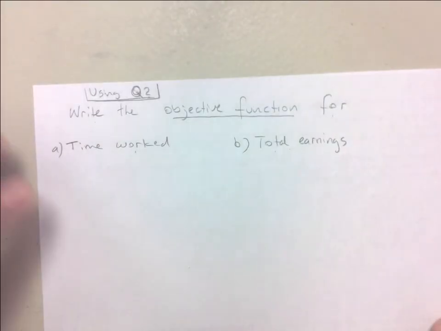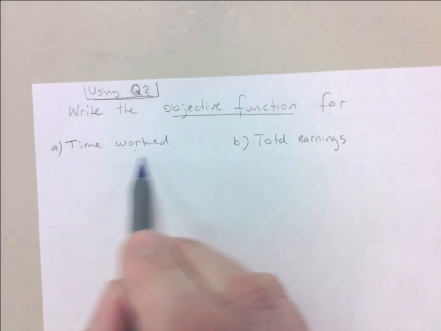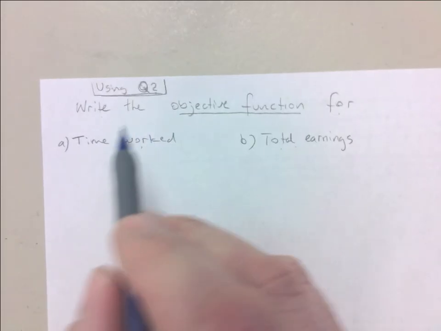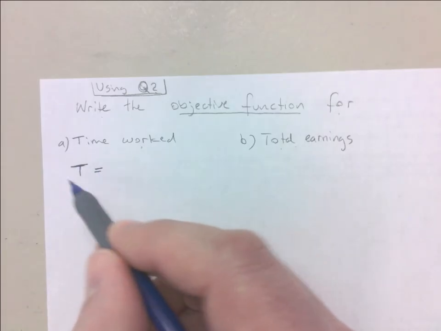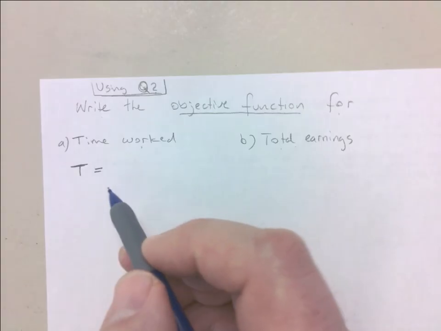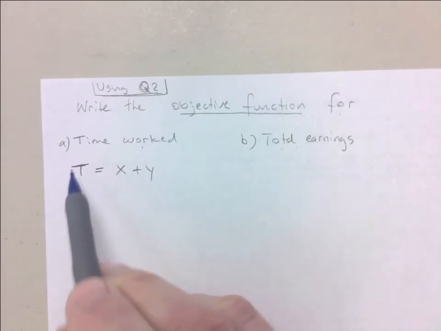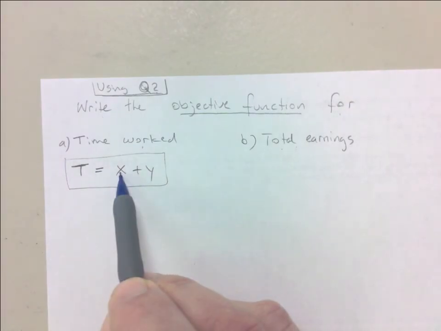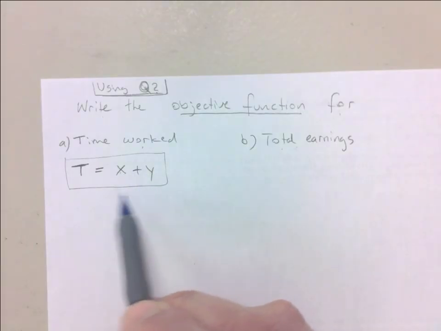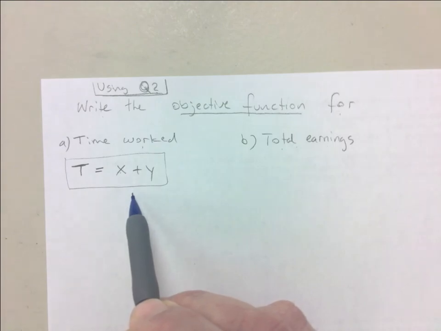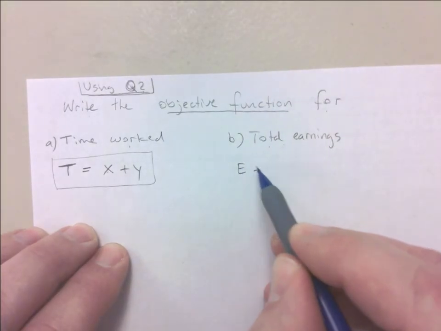Write the objective function. Now we're writing an objective function. These are not inequalities. For the time worked, in question 2, I will use t for time. It doesn't matter what variable you use. Just use something. And so this would just be x plus y. That's it. Because x represents the hours in A, y is the hours in B. So this would be the objective function that would tell you how much time you've worked, right? For total earnings, I'll call that E for earnings.